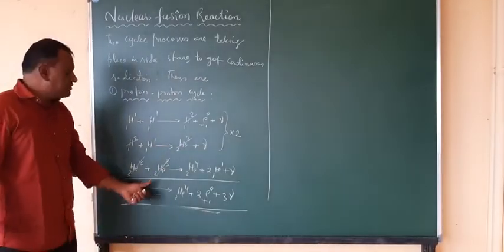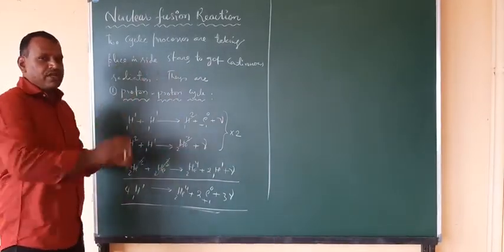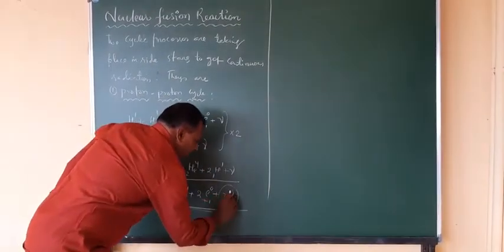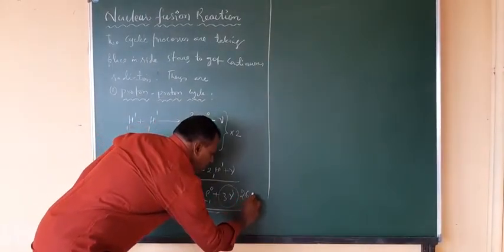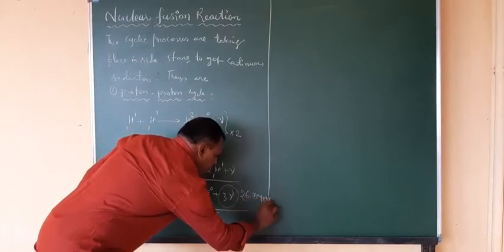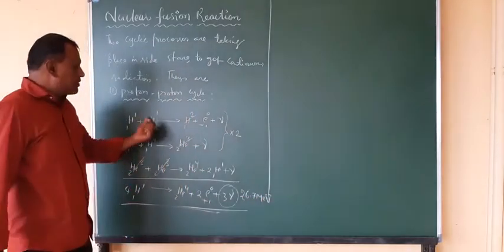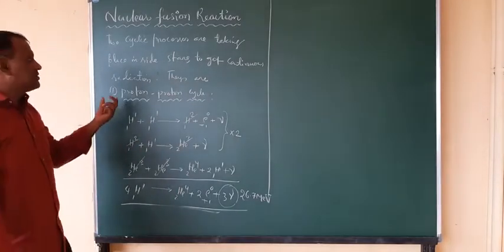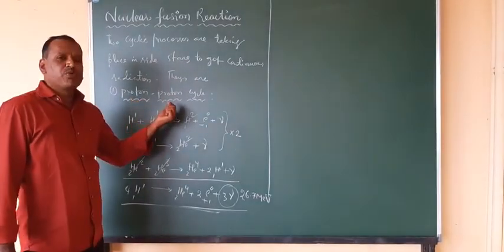If you see this equation and the example I just gave for the fusion reaction, this gives you 26.7 million electron volts of energy. This process takes place within the stars, and it is called the proton cycle.